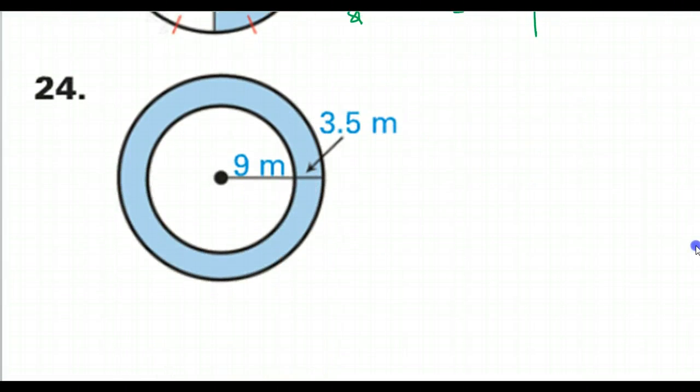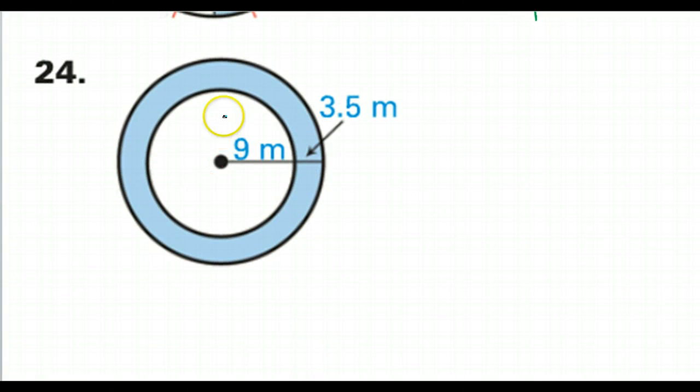So, last one. If you want to find the space between two shapes, that space between, the shaded area, is always going to be the outer shape minus the inner shape.